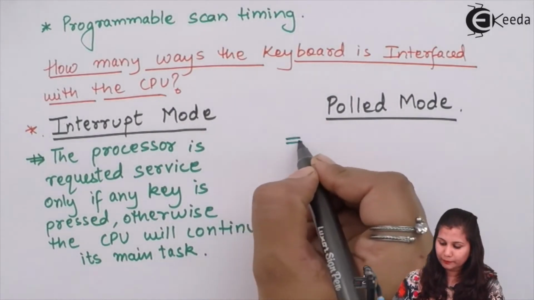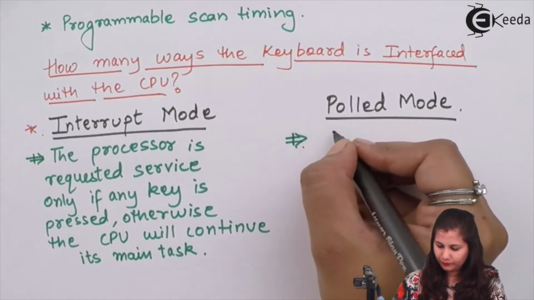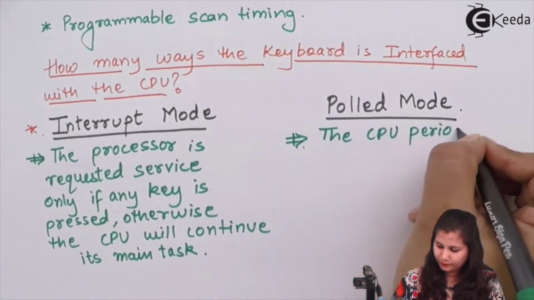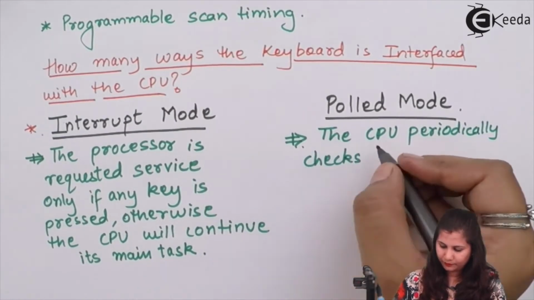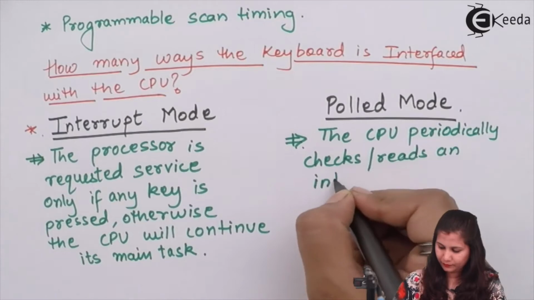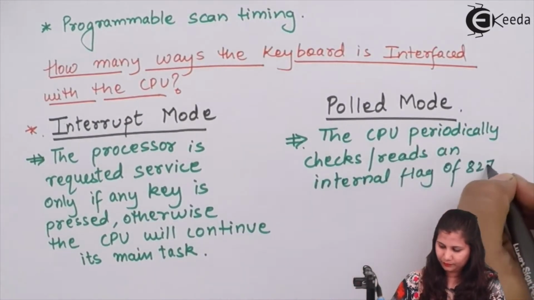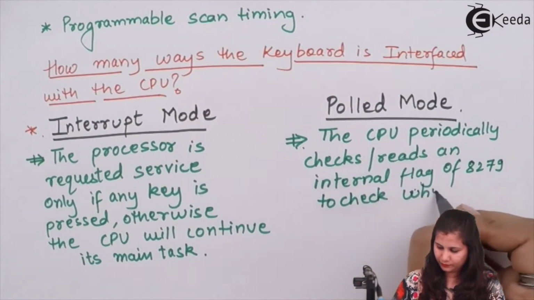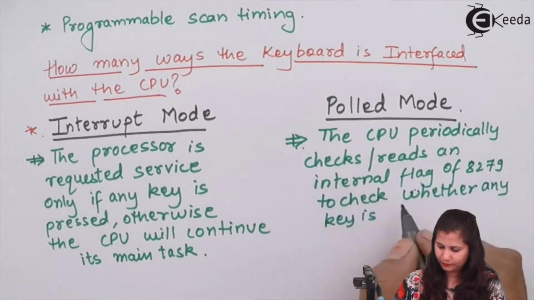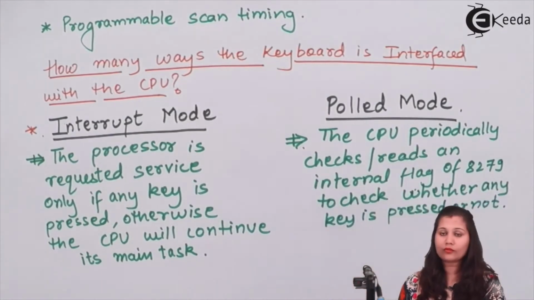Now comes the hold mode. In the hold mode, the CPU periodically, at a certain interval of time, checks the internal flag of the 8279, the keyboard controller, and according to whether that flag is set or reset, it determines whether a key is pressed or not.